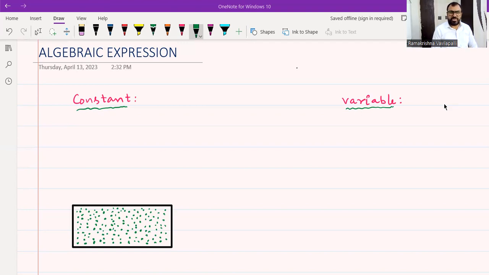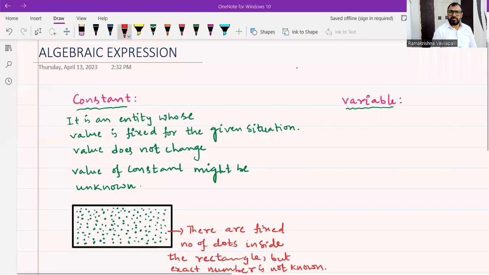Value will not change. So constant means it's an entity whose value is fixed for a given situation.